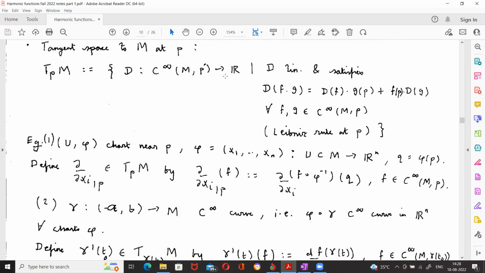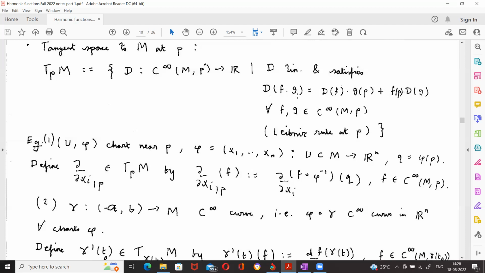But the remarkable fact is that this Leibniz rule at P will force this subspace of the dual to be finite dimensional, and not just finite dimensional, it will have dimension exactly equal to n, the dimension of the manifold. So the key point here is the Leibniz rule. This forces finite dimensionality of the tangent space, and also that the dimension equals the dimension of the manifold.